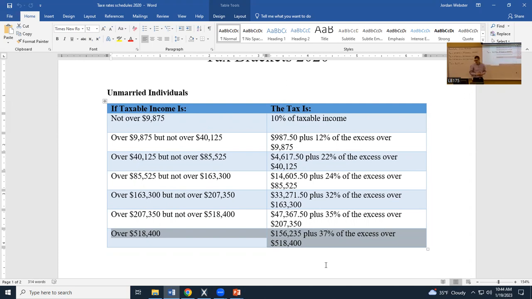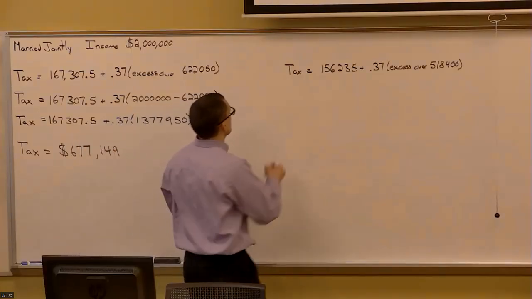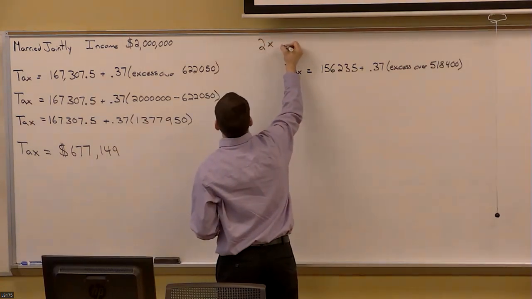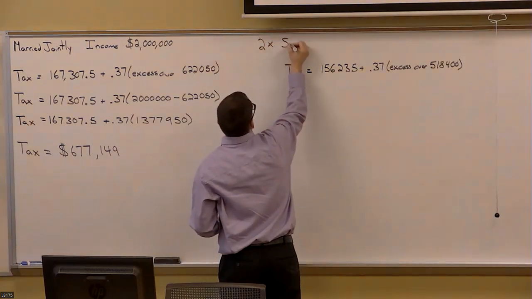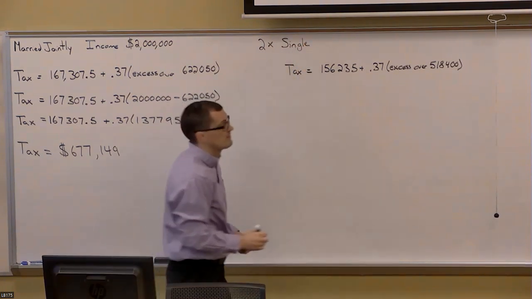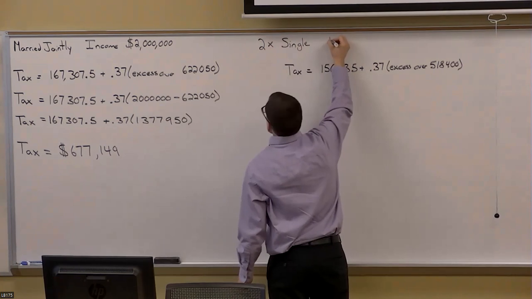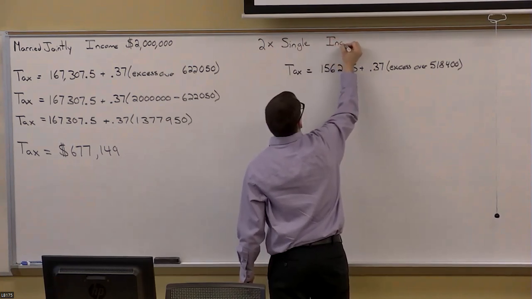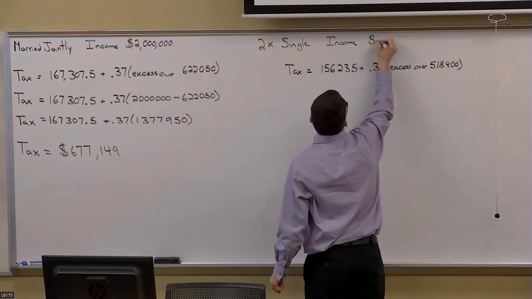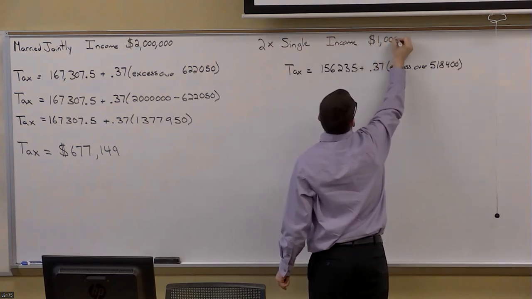All right. Now I break it down. There's two people here though, remember? We have single, so we have two single people that each make an income of $1 million.